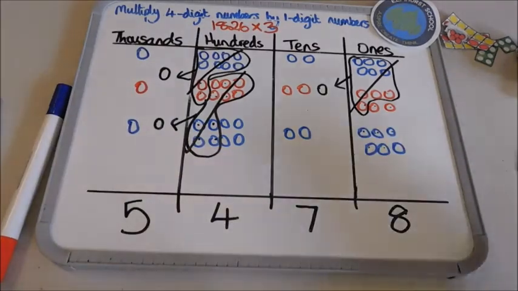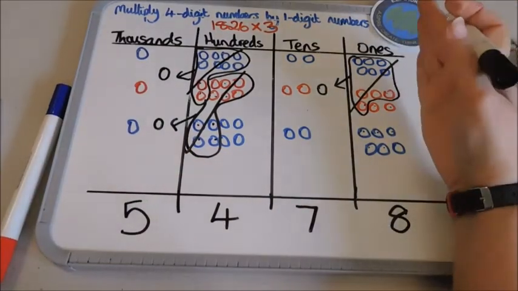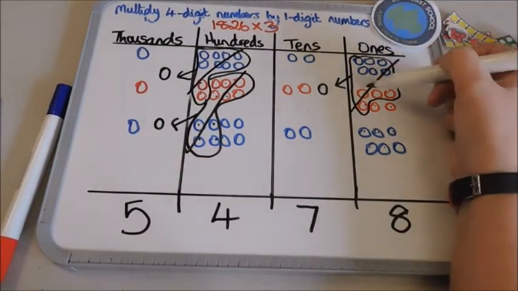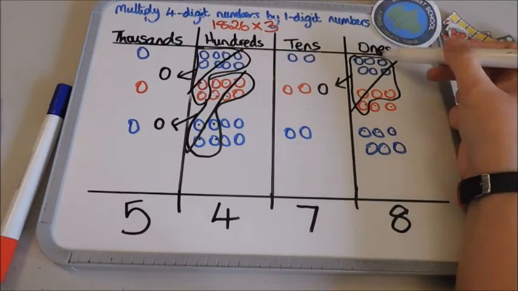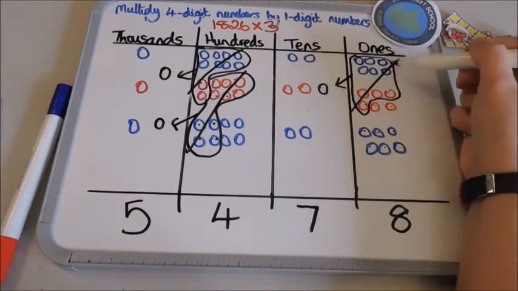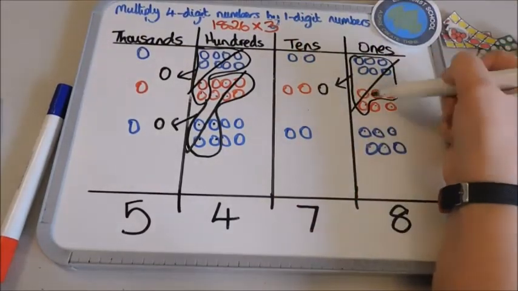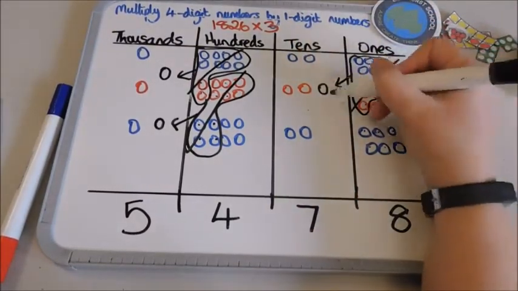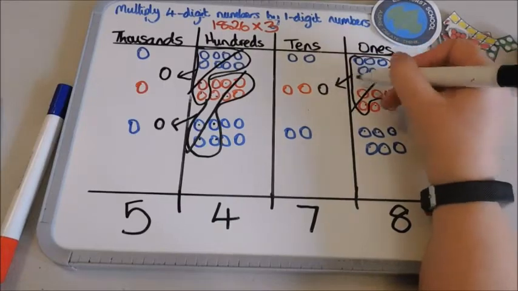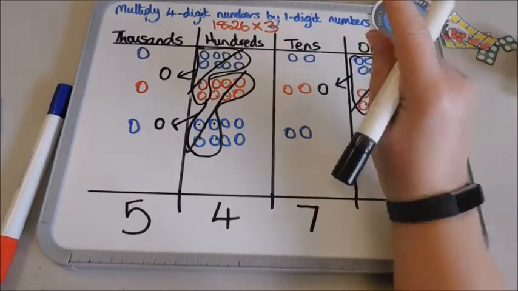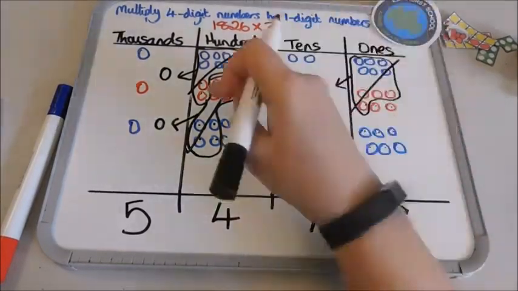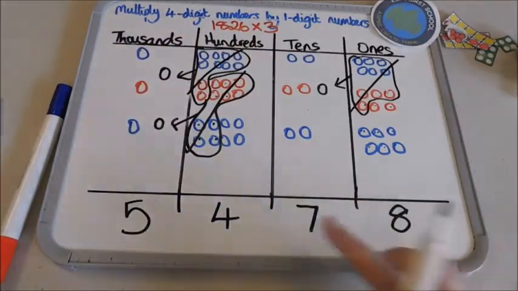Okay, so again, if I start with the ones column, I look at all the numbers that I've got, I know that 10 ones is 10. So that's why this group reduces to that 1 circle, because I've got 10 individuals, but it's 1 ten. Okay, and that's what's happening when we group that.